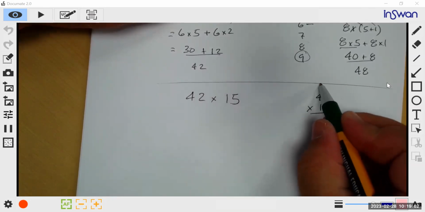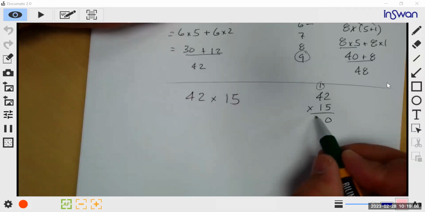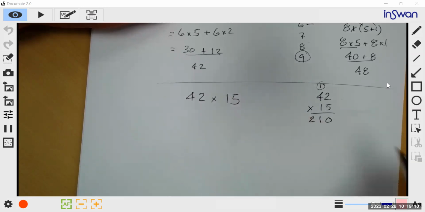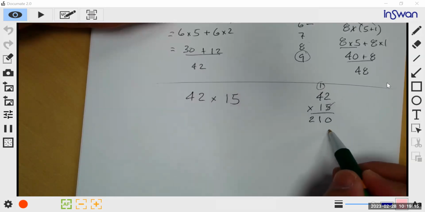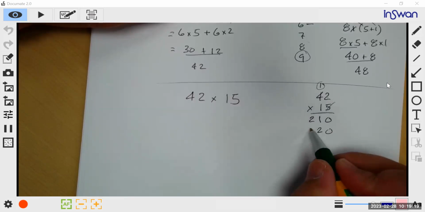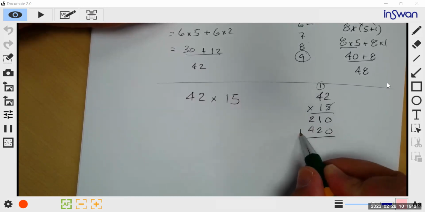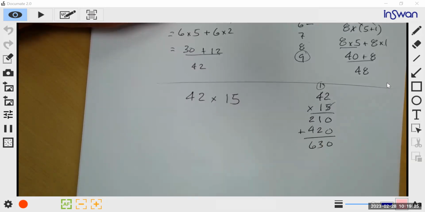So put the 0, carry the 1. 5 times 4 is 20, plus 1 is 21. Now, put a 0. 1 times 2 is 2. 1 times 4 is 4. Add those. 630. That's the standard way people do it.